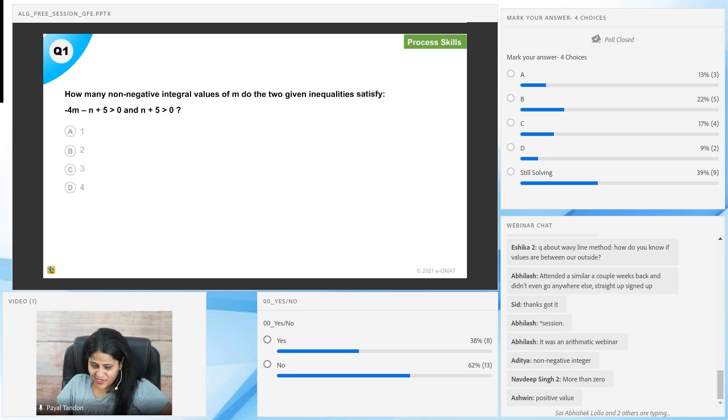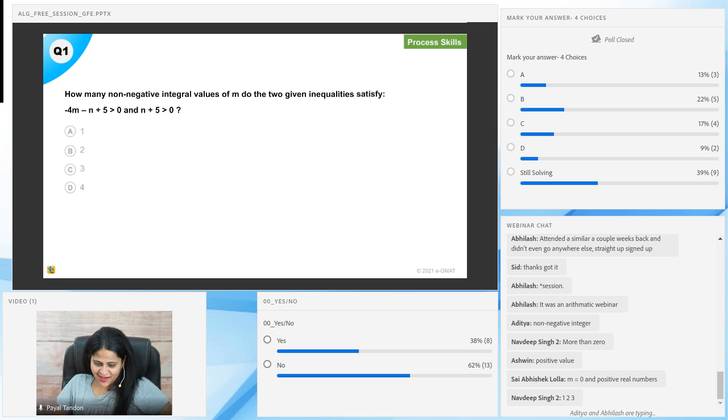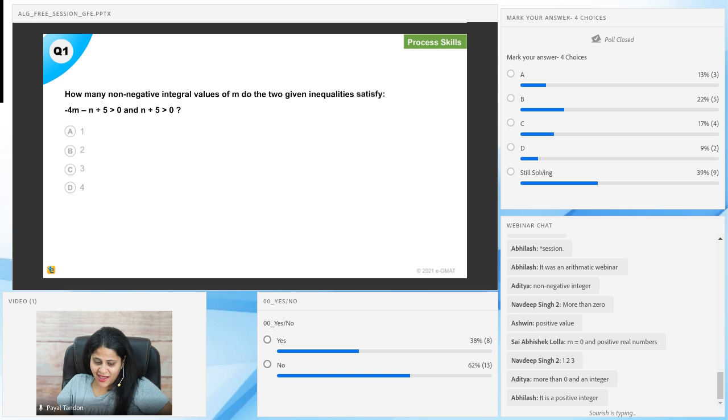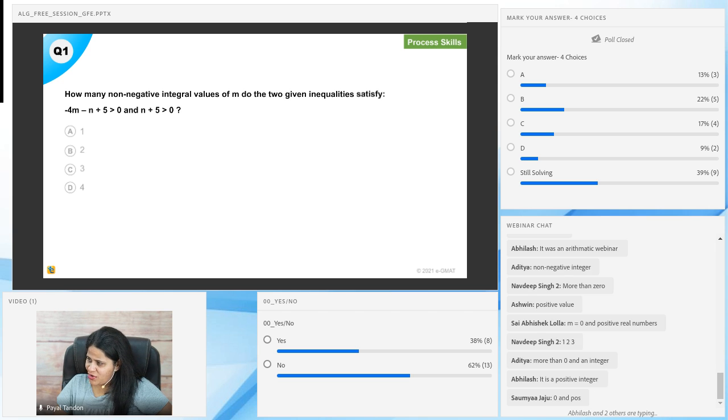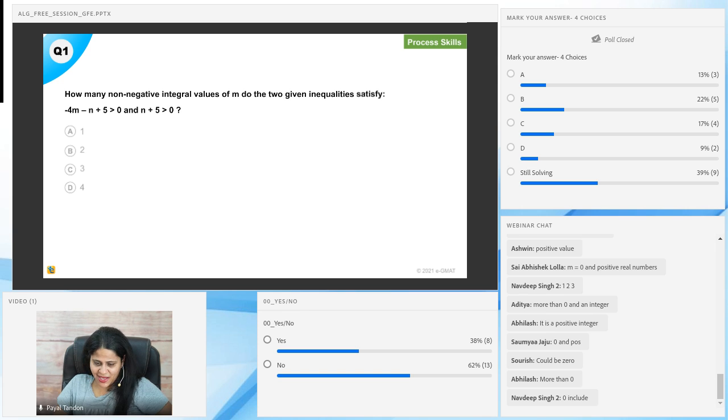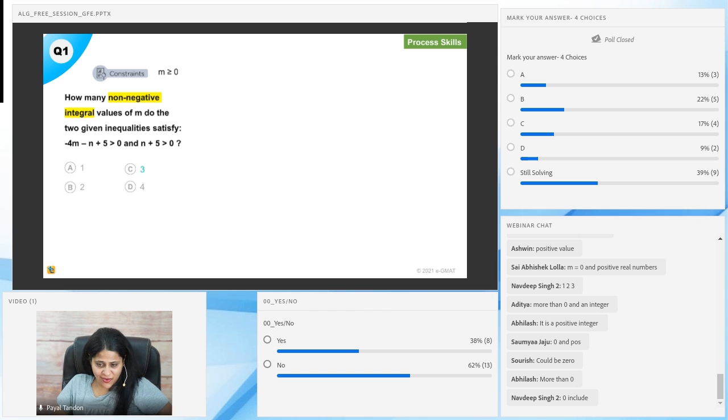See, I have different answers over here. Non-negative means only positive. Does it not include zero at all? Could be zero, absolutely. So over here, m is greater than or equal to zero.